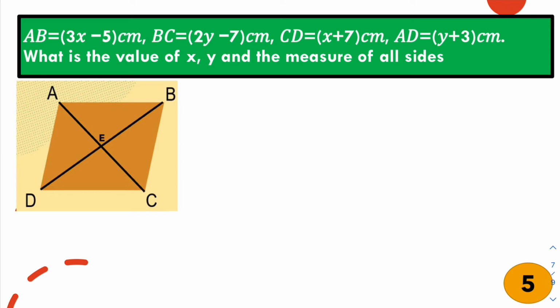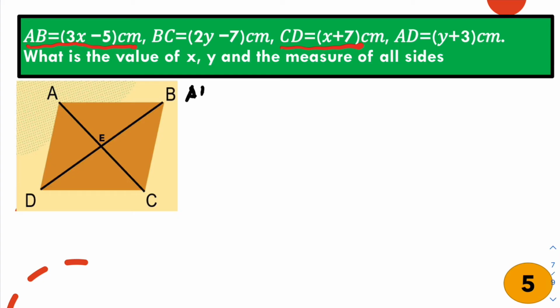Now, first let us find the value of x. Okay, we have AB and CD. What do you think is the relationship of side AB and CD? Yes, they are opposite side. Now, according to our properties, opposite sides of parallelogram are congruent.